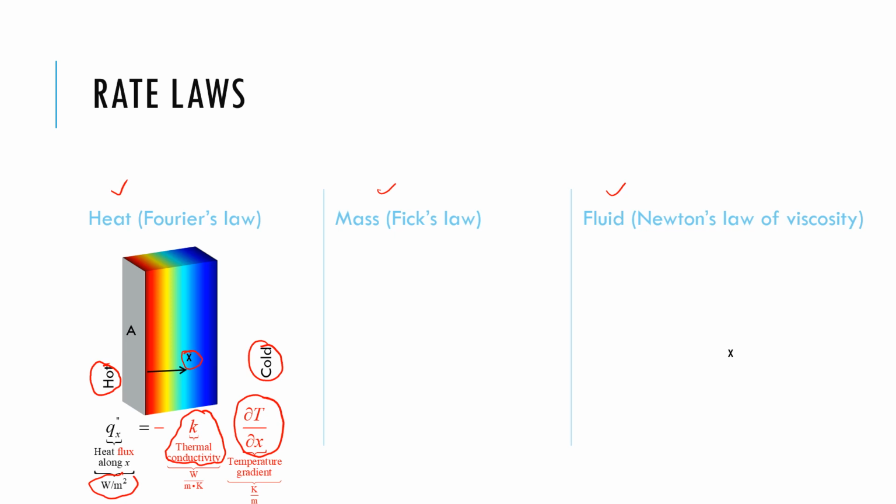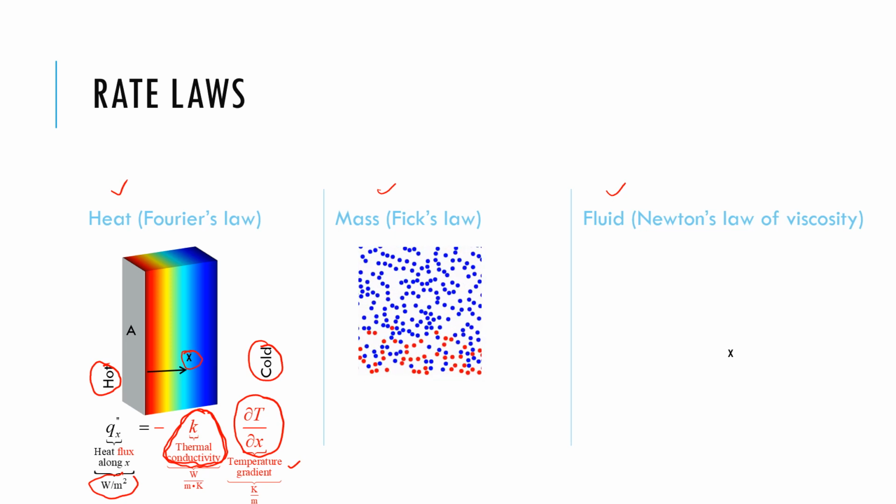In other words, heat flux is proportional to the temperature gradient, and the proportionality constant is the thermal conductivity, which is a material property that we often have to measure.